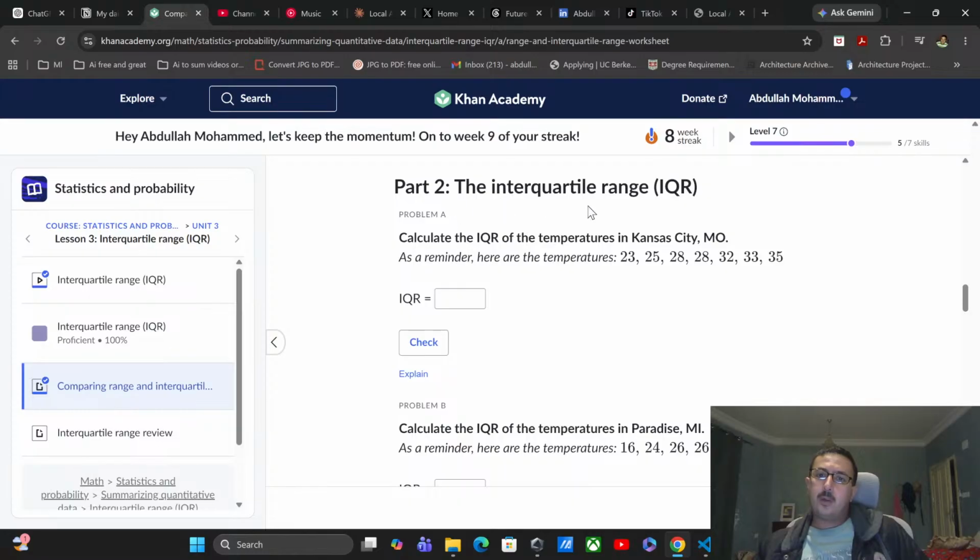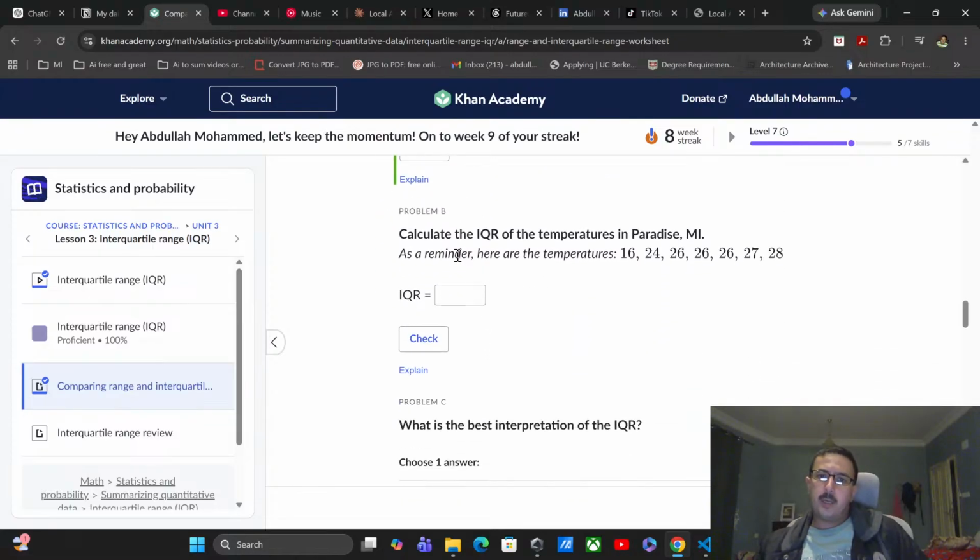Okay, the interquartile range. Calculate the IQR of temperatures. Okay, this is 1, 2, 3, this is 4. We have 33 minus 25, we said 8. Okay, calculate the IQR. We got 27 minus 24, that's 3.